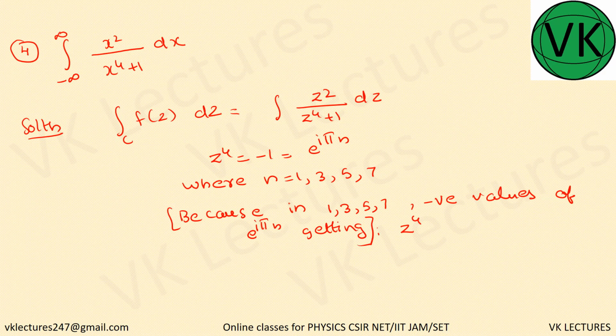So we are taking the odd values. Then z is equal to e raised to i pi by 4, e raised to i 3 pi by 4, e raised to i 5 pi by 4, e raised to i 7 pi by 4.